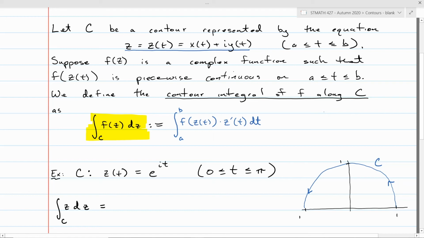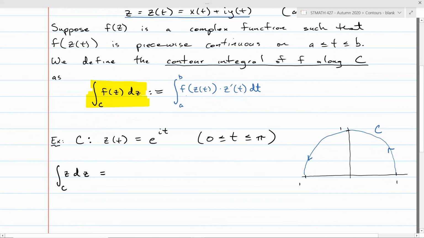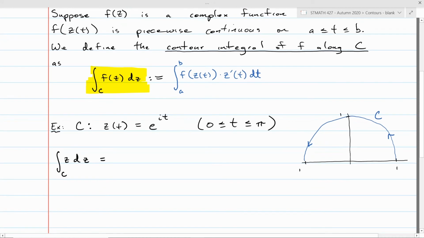You can see that by thinking, okay, dz dt is z prime of t, so multiply both sides by dt and you end up with dz equals z prime of t dt. What's important to notice about this expression is that it's the kind of integral we previously talked about evaluating. This formula reduces the idea of a contour integral to something we know how to compute.